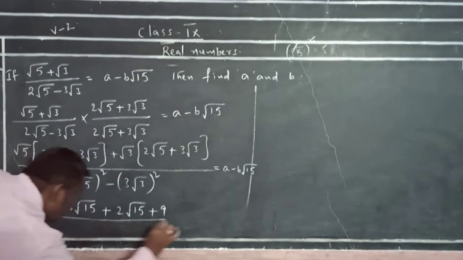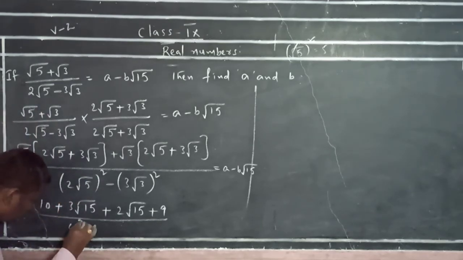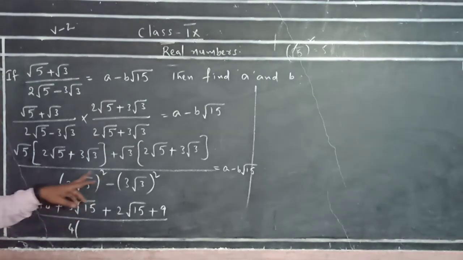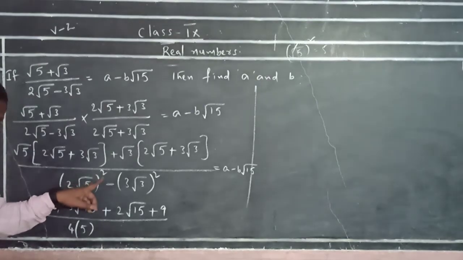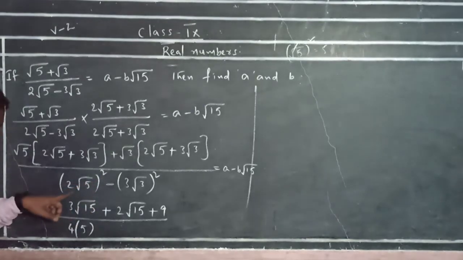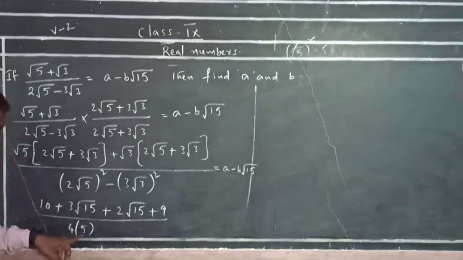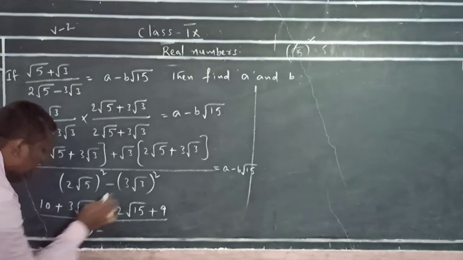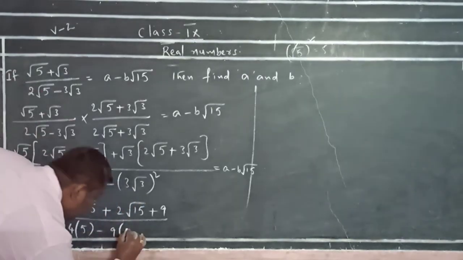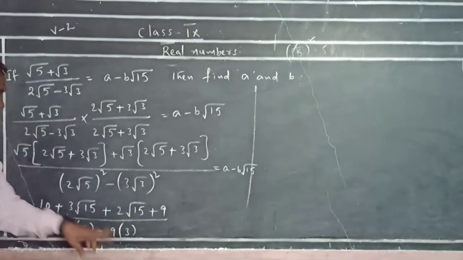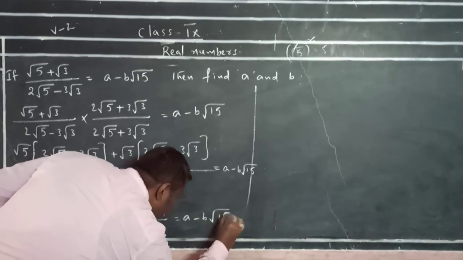By here, 2 square means 4, root 5 whole square means square root cancels, got 5. The whole square is applicable for 2 and root 5 also. Same as here, 3 square means 9, root 3 whole square means square root cancels, got 3, equal to a minus b root 15.